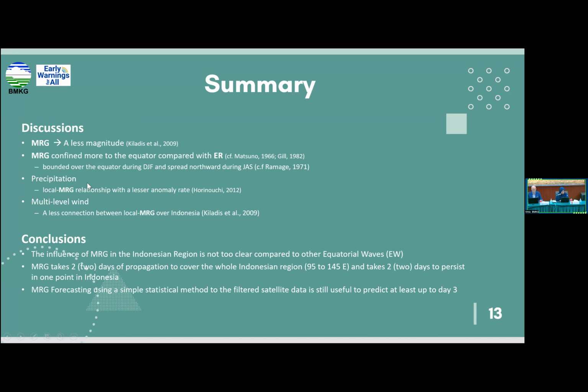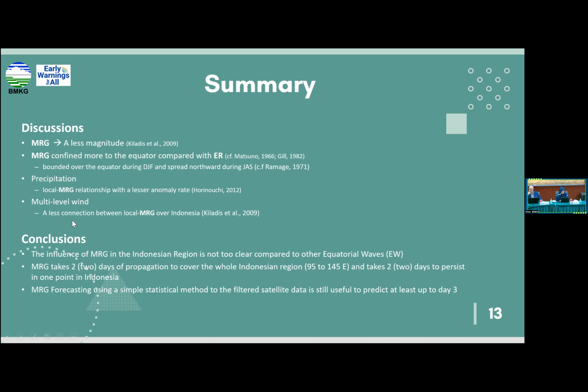The mixed Rossby-Gravity wave is bound over the equator during December, January, February, and spreads northward during July, August, and September, also in line with the paper from Ramage. For precipitation, the local mixed Rossby-Gravity relationship, especially in Indonesia, shows a lesser anomaly rate compared with other waves, so it has a weaker relationship to the precipitation anomaly.